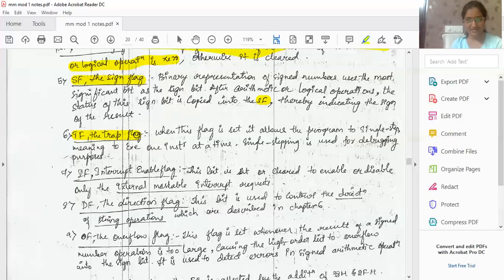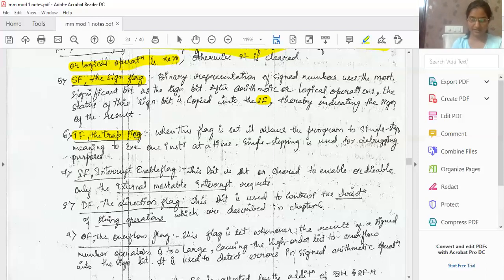The bit present in the flag register, that is the trap flag bit, is influencing the fashion in which the instructions are being executed. So we can call it a control flag.